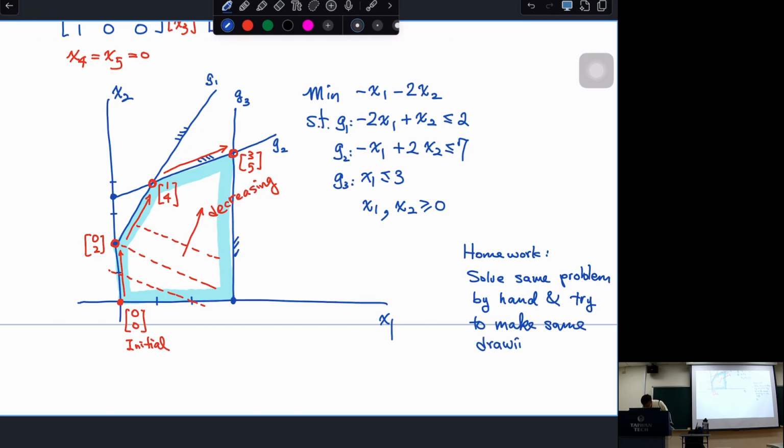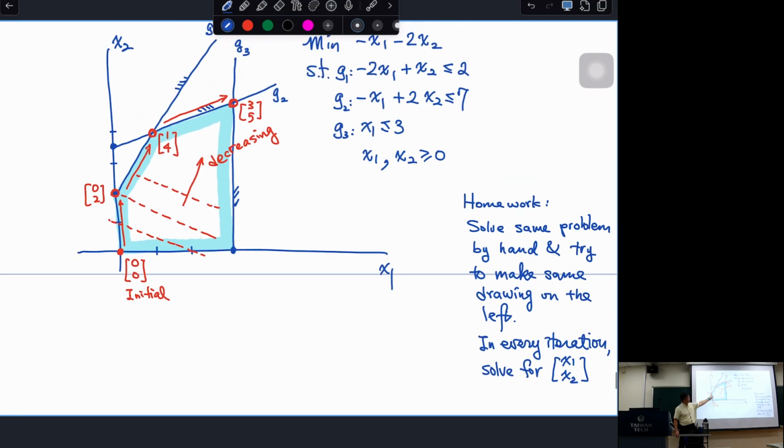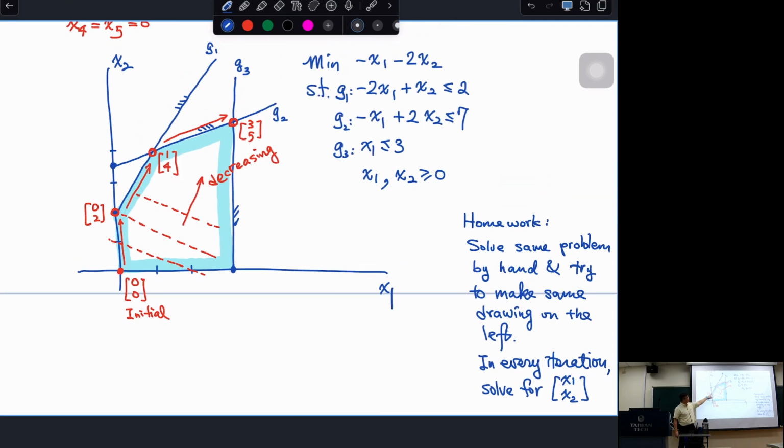So in every iteration, solve for your x1 and x2 so that you can observe how x1 and x2 really change from 0, 0 and gradually move along the edge and find the intersection, stop, and move along another direction and stop until it can no longer find the solution. Okay? So let's have a homework for this.